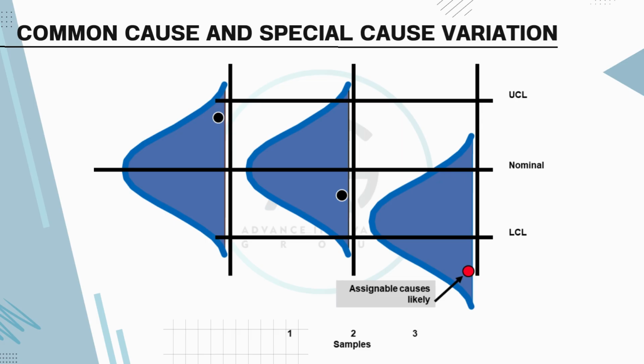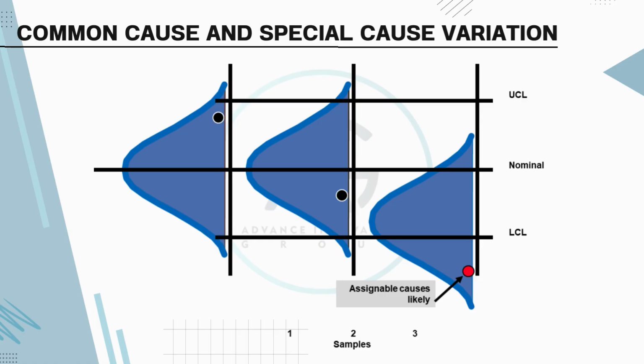The horizontal lines labeled UCL, upper control limit, nominal, and LCL, lower control limit, define the expected range of variation within a stable process. For sample 1 and sample 2, the black dots fall well within the control limits. This type of fluctuation is known as common cause variation. It is inherent in the system and typically due to random routine factors.